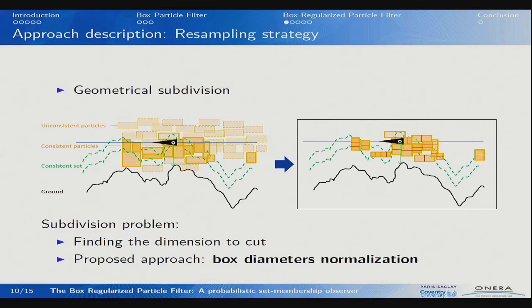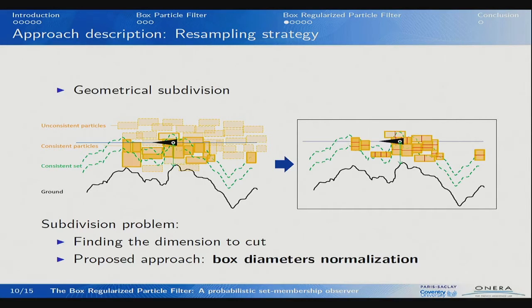But the problem is how to subdivide a particle that has several dimensions, and here we have 15 dimensions. It's proposed in the literature to choose a dimension on each box to subdivide it. But it is difficult to choose appropriately this dimension.